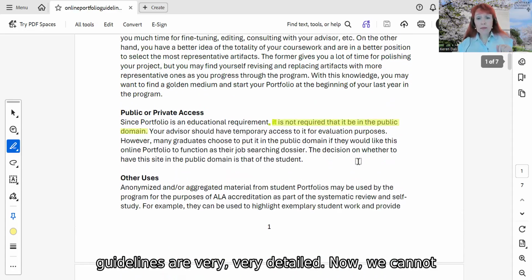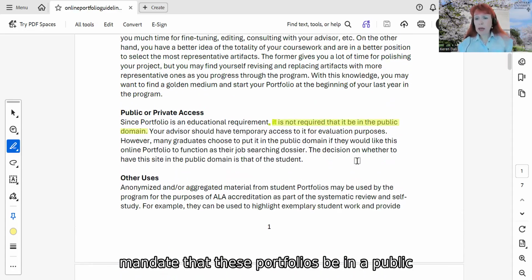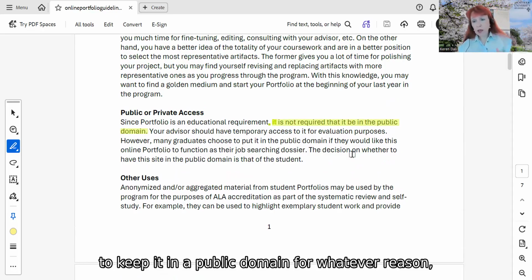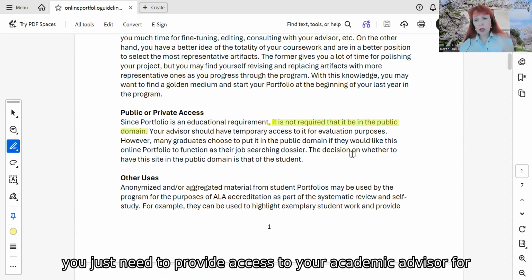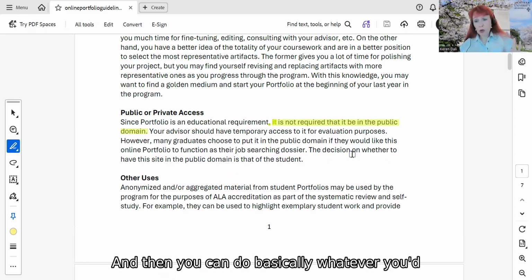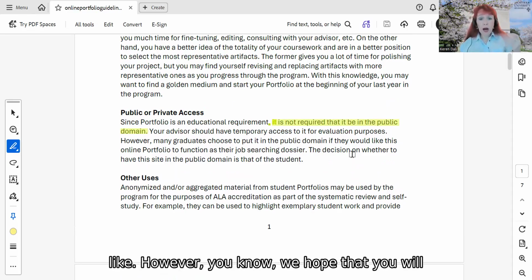Now, we cannot mandate that these portfolios be in the public domain. This is your decision. If you don't want to keep it in the public domain for whatever reason, you just need to provide access to your academic advisor for the purposes of evaluation. And then you can do basically whatever you'd like.